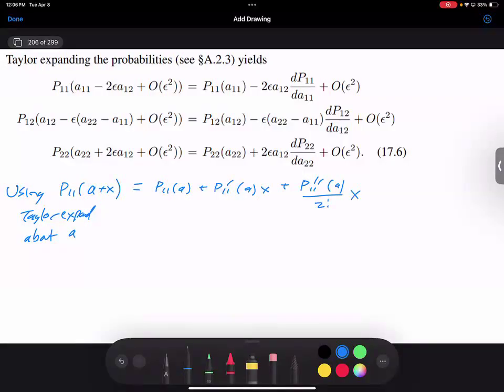What is the mistake I've made? No, this is fine. And just continuing, that should be X squared.